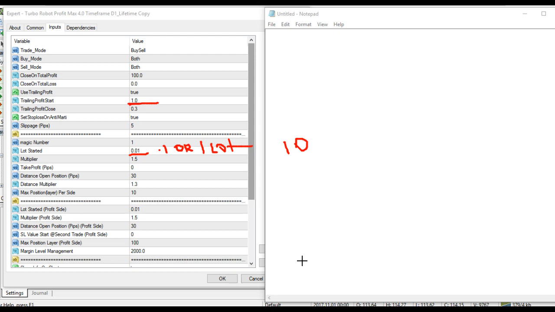Let's say you put in 1,000 US dollars, 1K, in a cents account it is equivalent to 100K, meaning 100,000. So if you have this value, you can change this, right? You can put it here, $1 one lot. So this becomes one lot here.